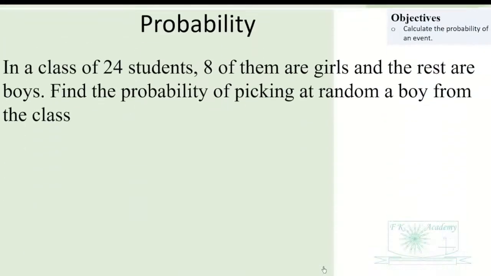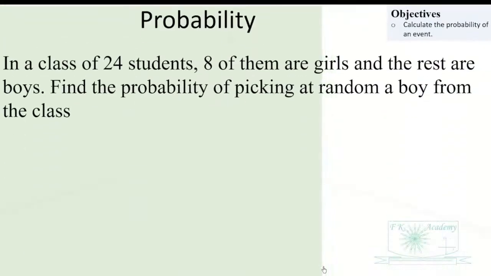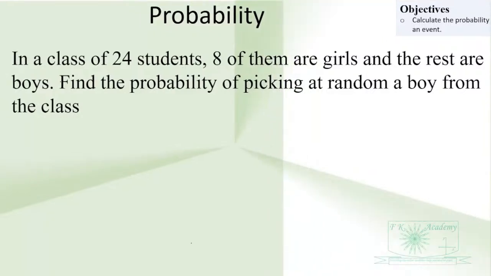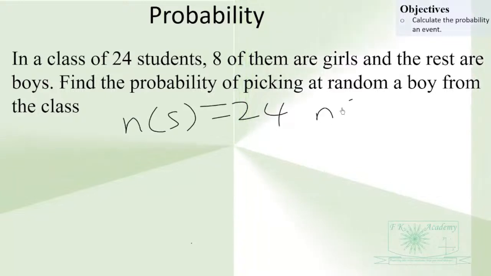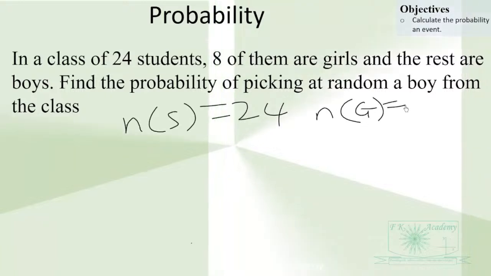Now let's look at this one here. In a class of 24 students, 8 of them are girls and the rest are boys. Find the probability of picking at random a boy from the class. So over here, the number of elements in the sample space is 24, and the number of elements in the event G, girls, is 8.